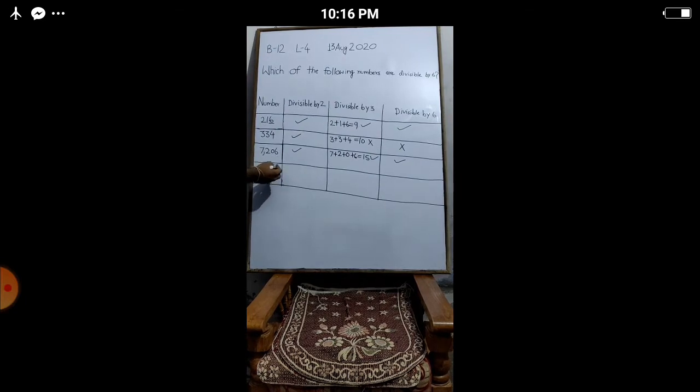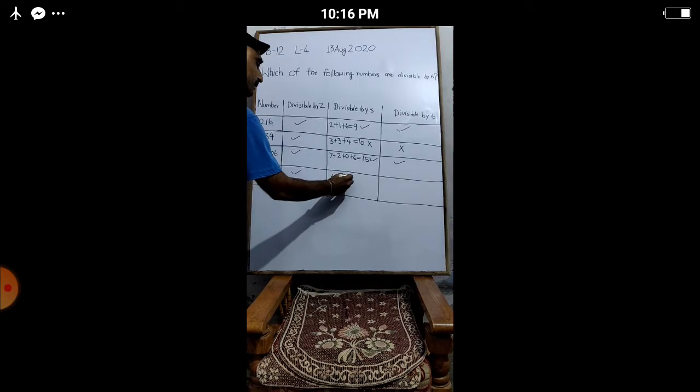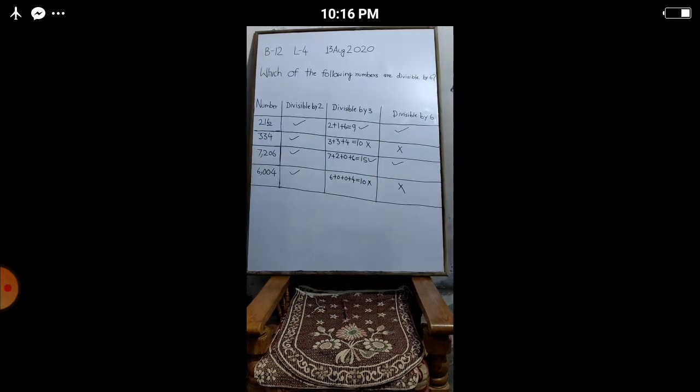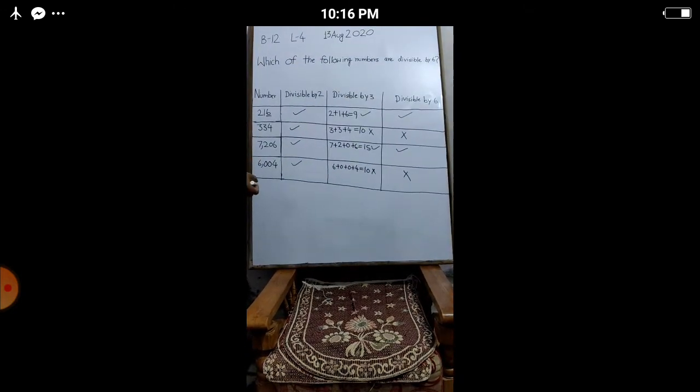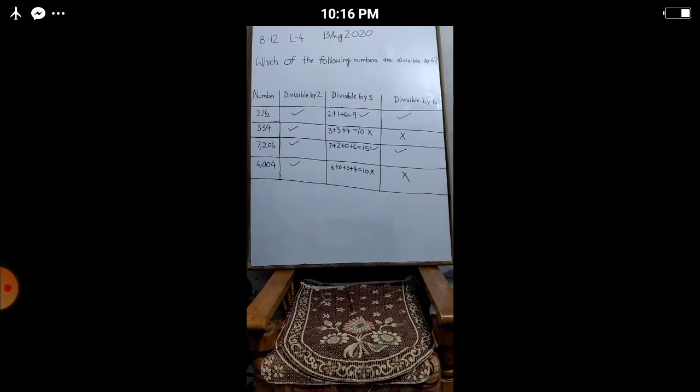Last, 6004. It is an even number, so divisible by 2. Now 6 plus 0 plus 0 plus 4 is 10. Is 10 divisible by 3? No. So 6004 is not divisible by 6.